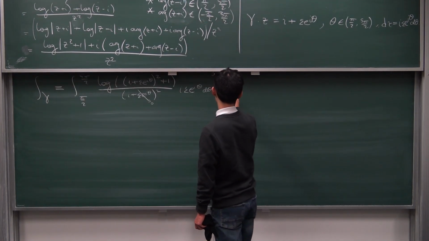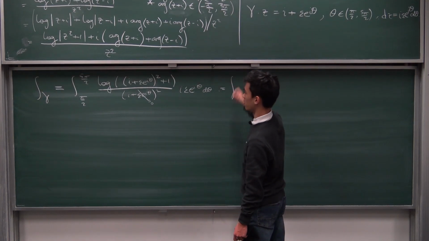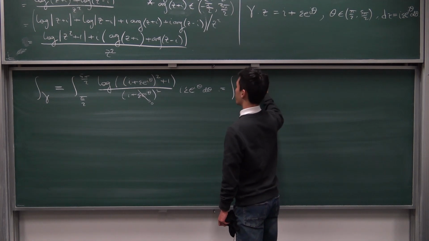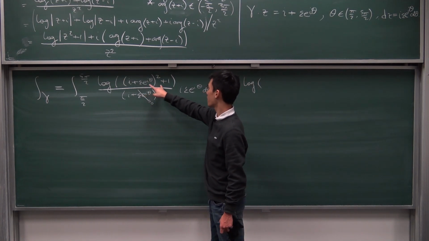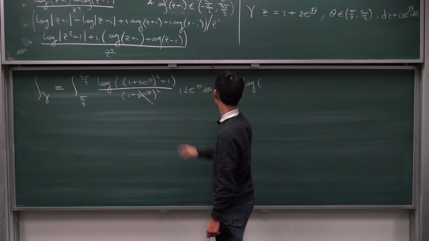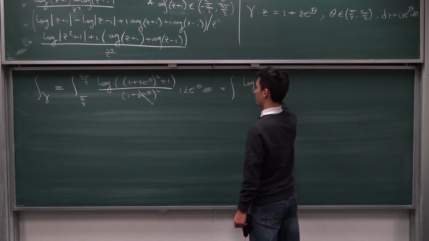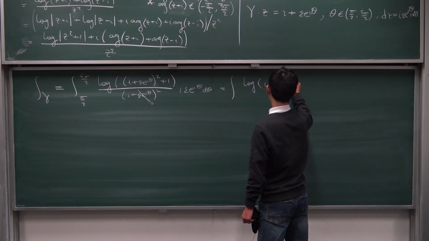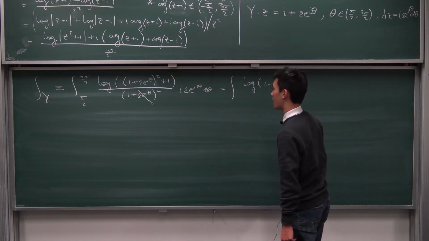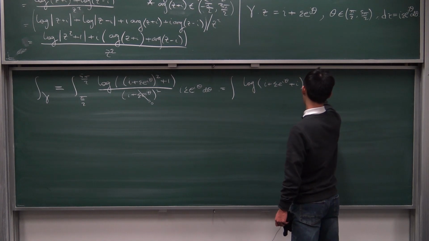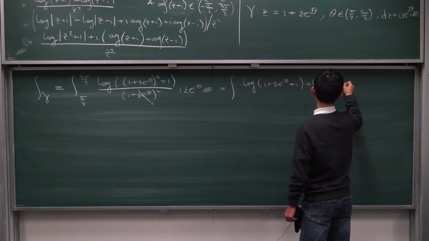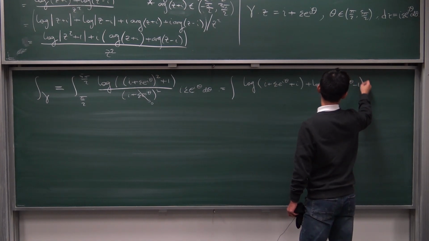So we just have the integral. I won't bother writing the bounds, they're not too important. We're going to have the logarithm of it was originally this guy minus i, and then this guy plus i. So the logarithm of i plus epsilon e to the i theta, plus i, and then plus the logarithm of the same guy again, i plus epsilon e to the i theta, but then with a negative i.